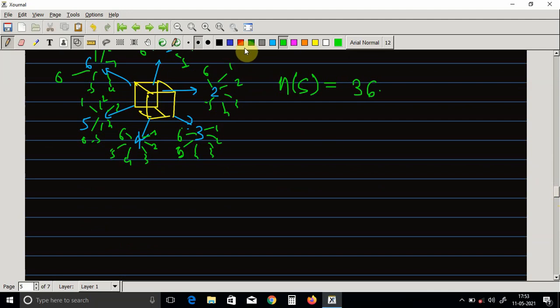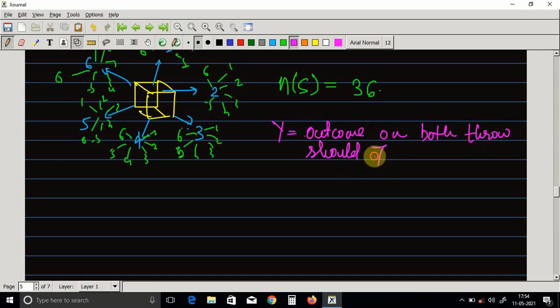Let's say I want to define my random variable y as the outcome on both throws should sum up to 7.